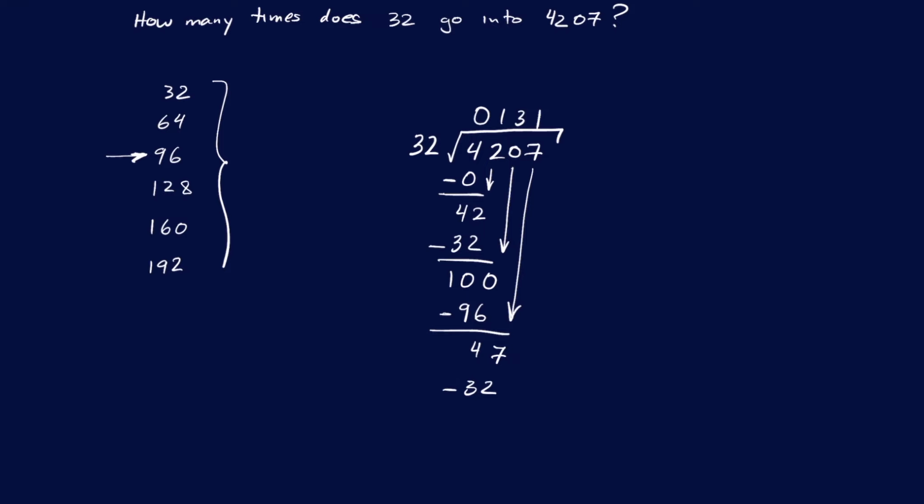And then subtract these two numbers, and we get 15. So that is our final answer. 32 goes into 4,207 131 times with a remainder of 15. So we can write that out like this: 4207 divided by 32 equals 131 with a remainder of 15.